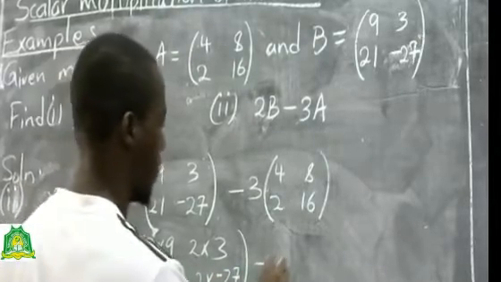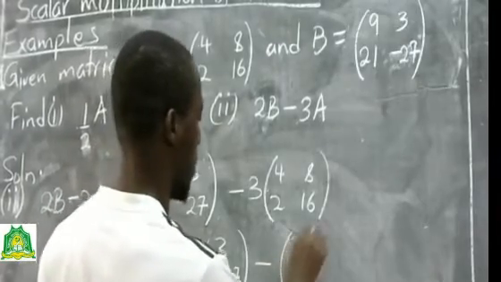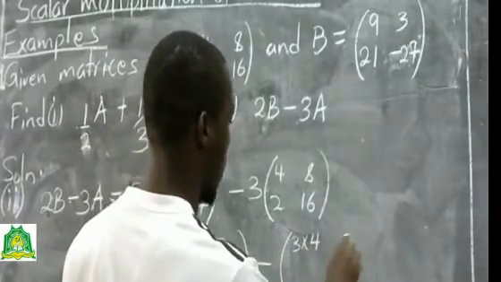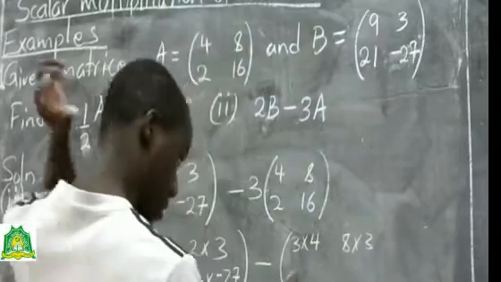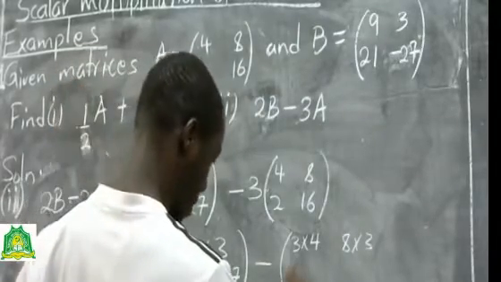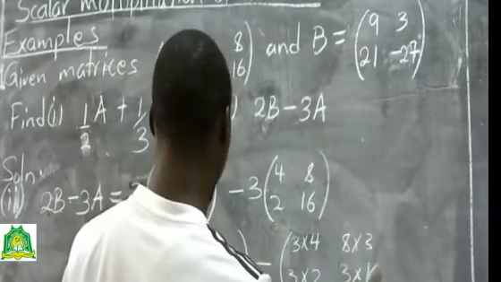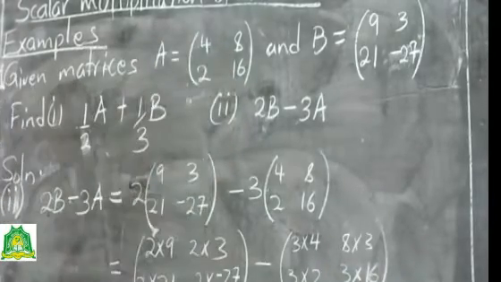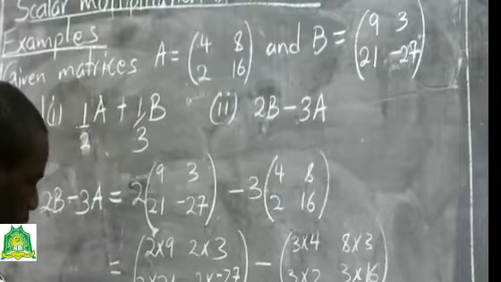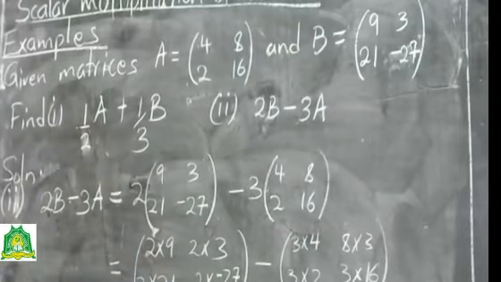Then minus 3 times 4, 3 times 8, 3 times 2, then 3 times 16. So I'm going to first get the multiplications here.